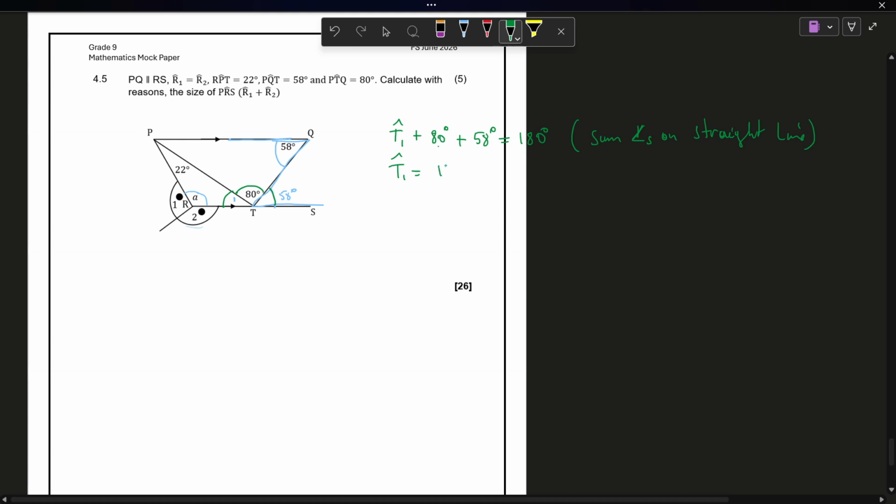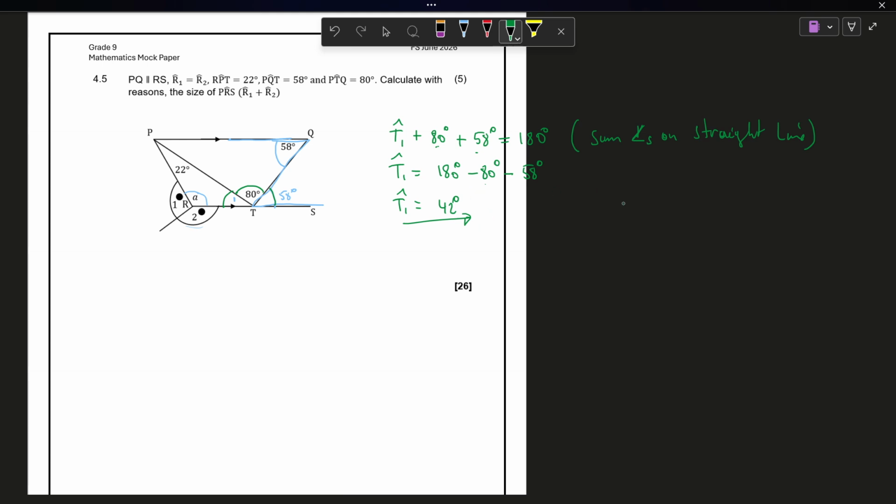So we already had 180 degrees on the right hand side, and all these terms minus 80 minus 58. Now T1 would be equal to what? So 180 minus 80 is 100, minus 58 is going to be 42 degrees, right? So now we've got T1, which is 42 degrees.